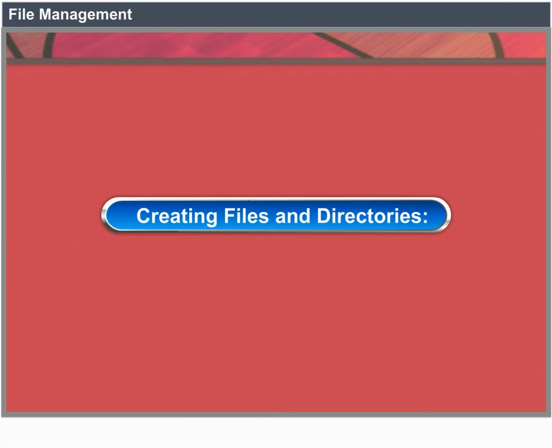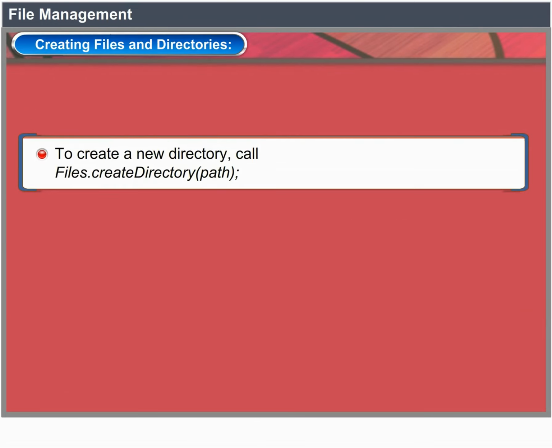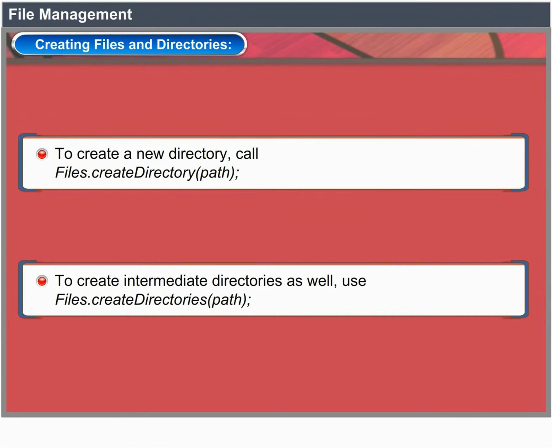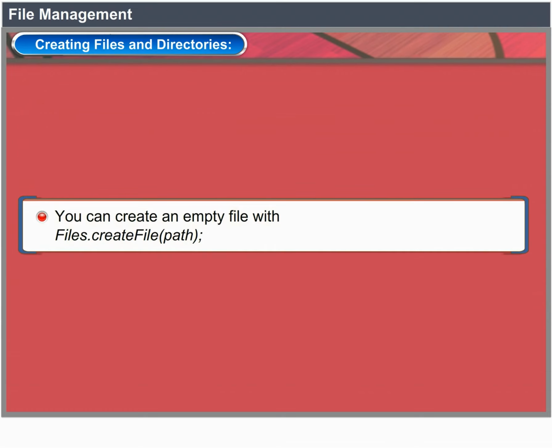Creating files and directories. To create a new directory, call Files.createDirectory(path). To create intermediate directories as well, use Files.createDirectories(path). You can create an empty file with Files.createFile(path).